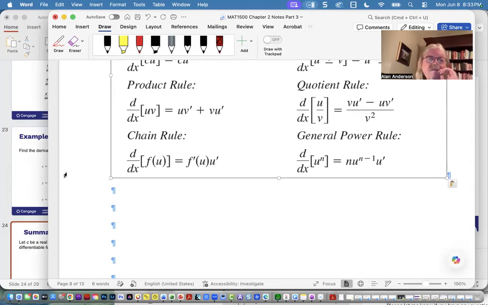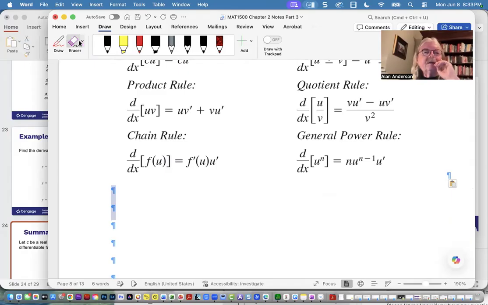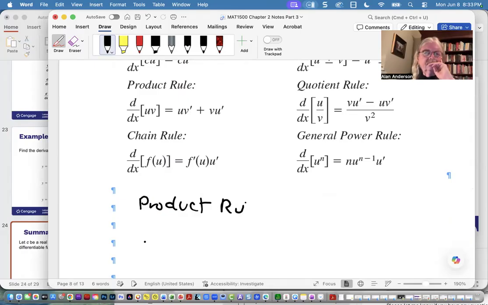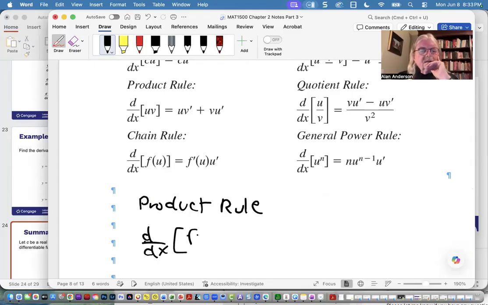The product rule can be written in two equivalent ways. We already know one way of writing this.